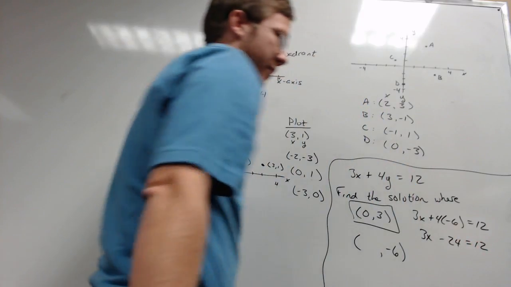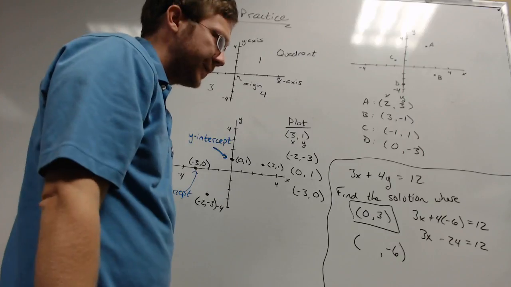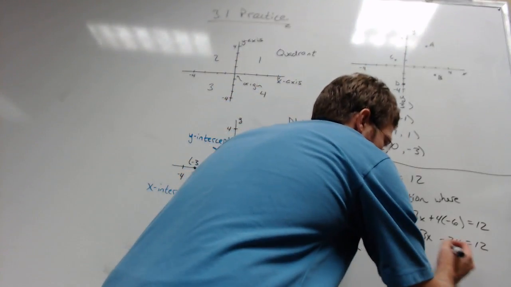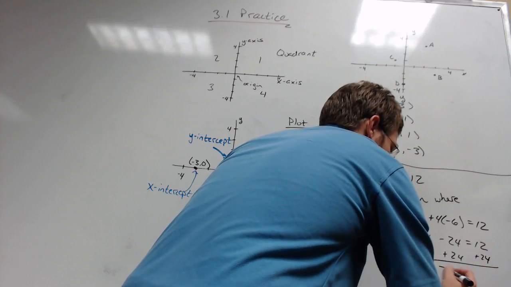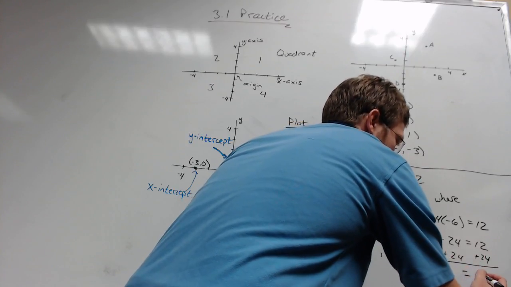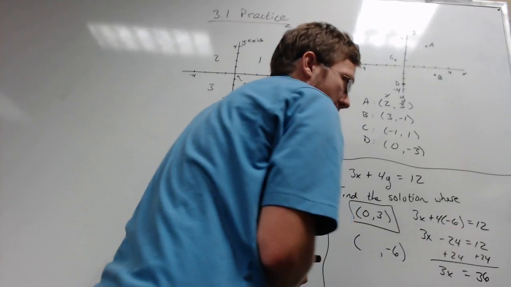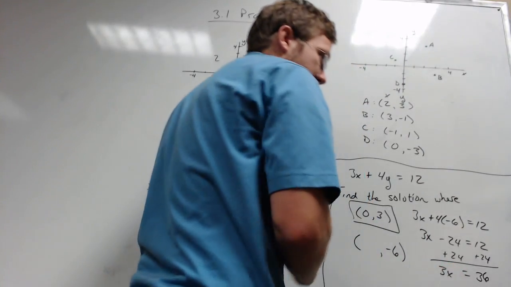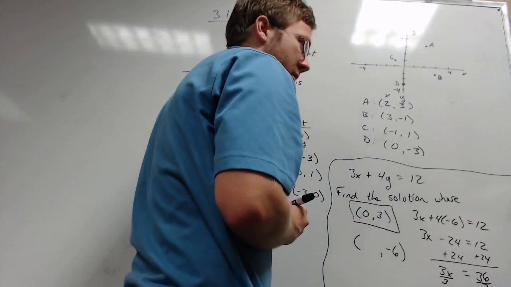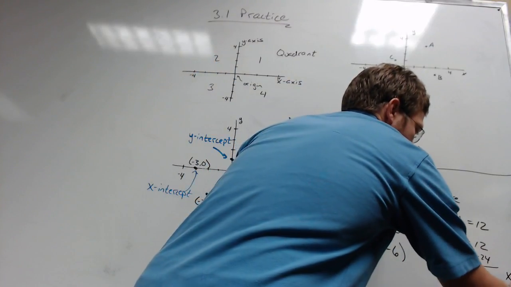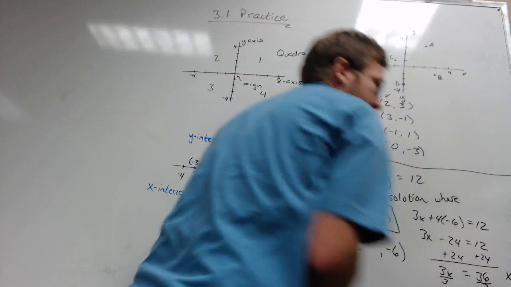Now we have a little bit harder of an equation to solve. 2 steps here, but this should be natural by now. Plus 24 on both sides. 3x equals 36. And divide by 3 on both sides. And we end up with x equals 12.